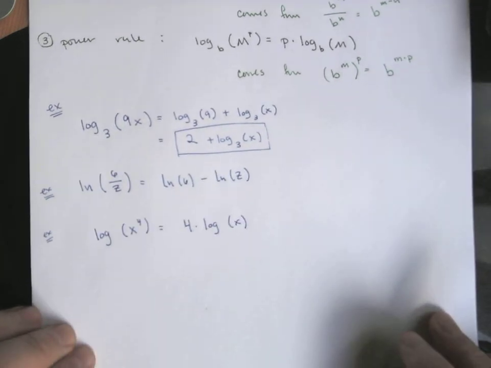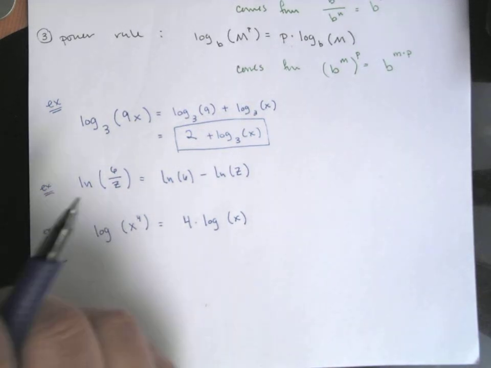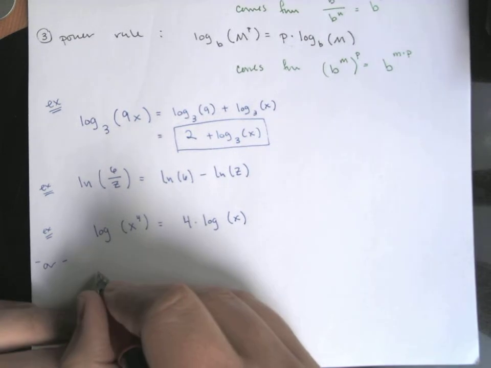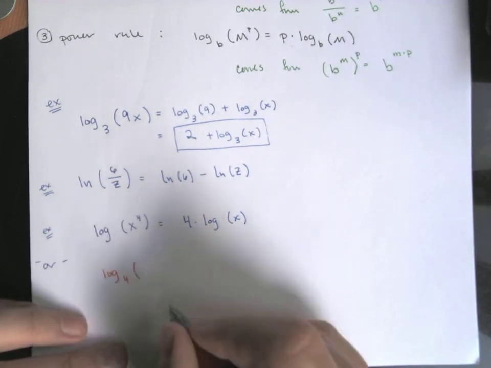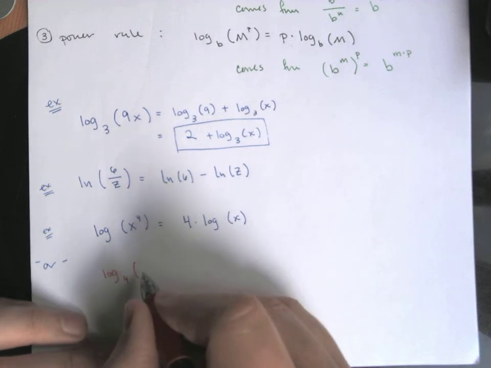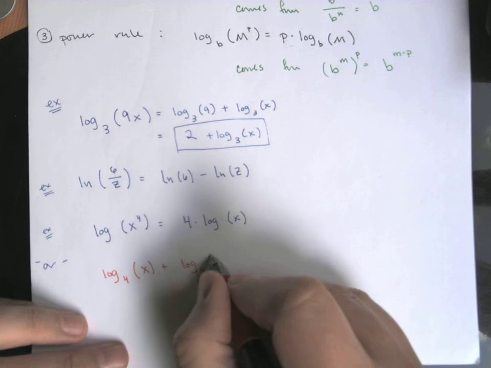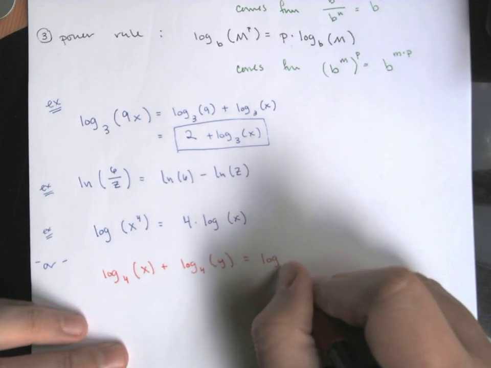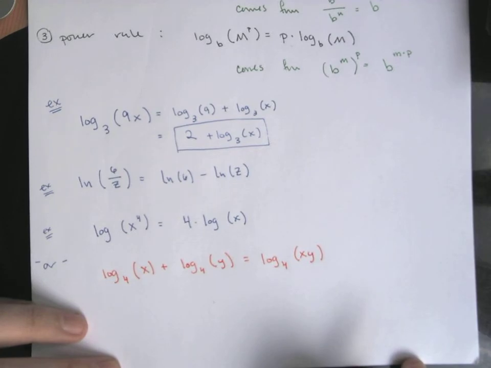So if we reverse this a little bit, or from a different perspective, you could take something like log base 4 of x plus log base 4 of y, and you could actually combine that together into the log base 4 of x times y.